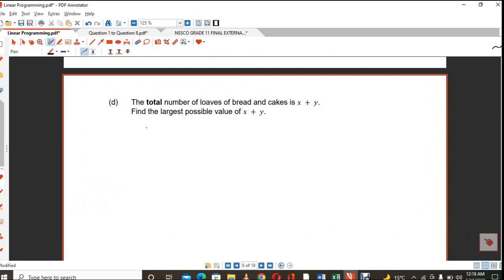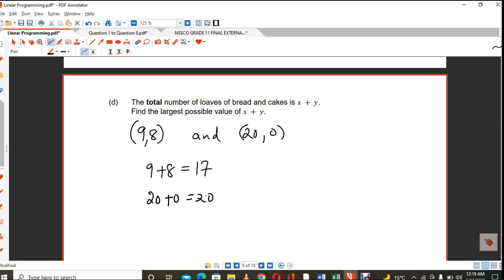So if we take the point 9,8, you're going to have 9 plus 8. Well, that's going to give you 17. And let's test the other one. It's 20,0. So that is 20 plus 0. You get 20.